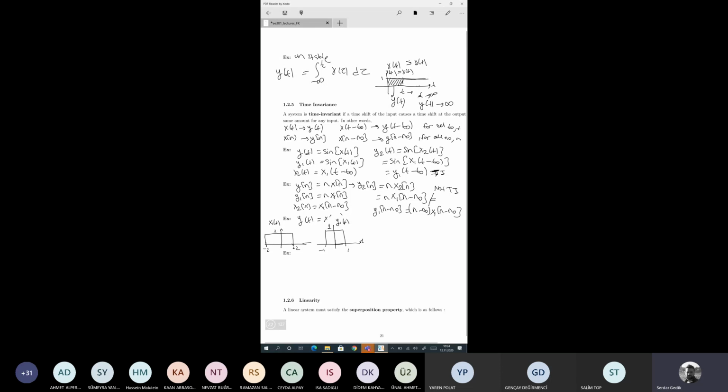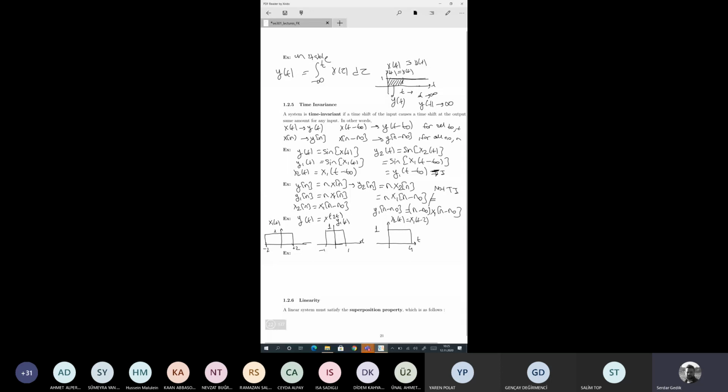So x of 2t, let's write here. Let me shift x1 of t by 2 units in order to find x2 of t. So let me define x2 of t as this. It is the shifted version of x1 of t. So x2 of t is simply x1 of t minus 2.